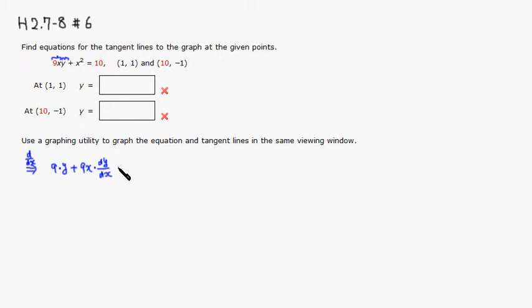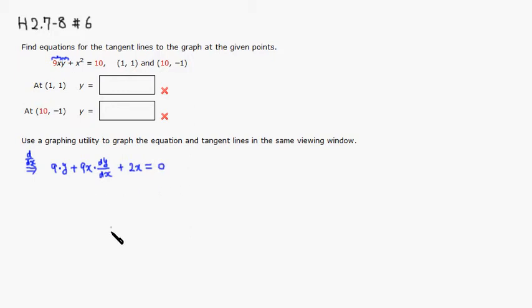Plus the derivative of x squared, which is the regular power rule, 2x, equal to the derivative of the constant right hand side, 10, which is 0.